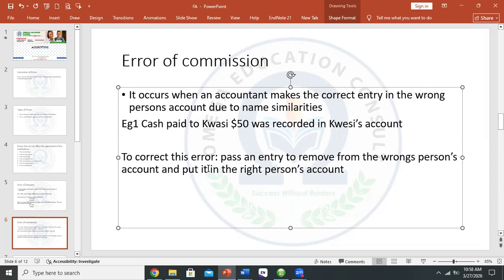So you pass an entry to remove it from the wrong person, right? And you pass another entry to put it in the right person's account.